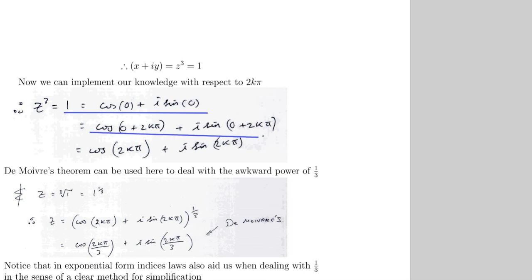We've taken into account the fact that there can be multiple outcomes that produce that same value of 1. And now we're left with this formula here for z cubed, and therefore that is where we're at today. That is to say that we have z cubed is equal to cos 2k pi plus i sine 2k pi.